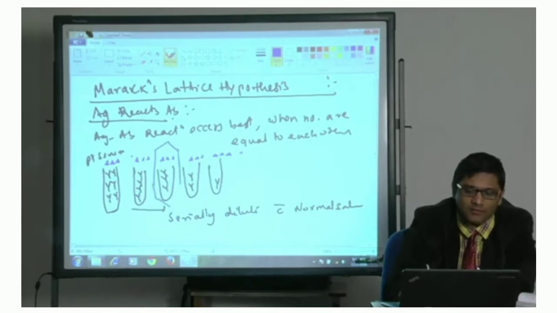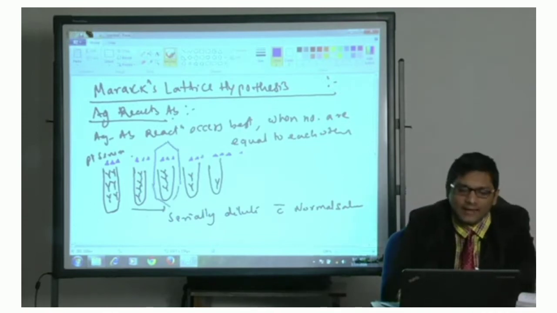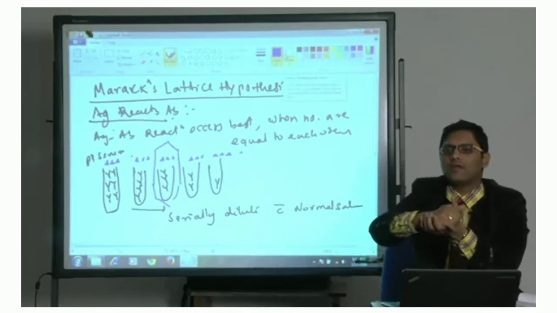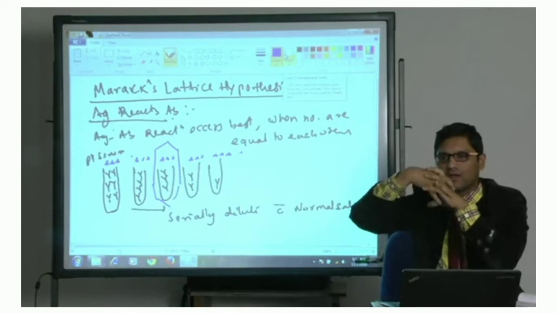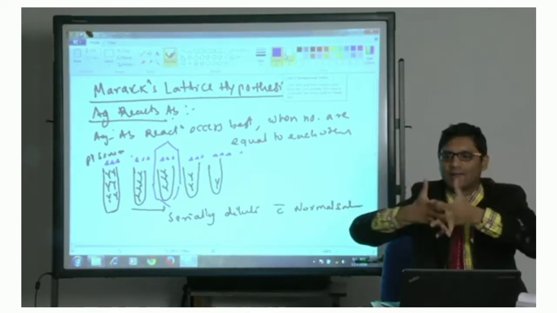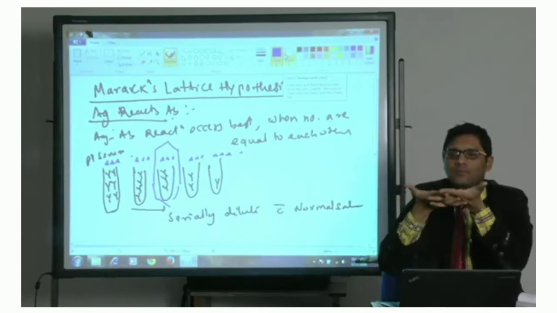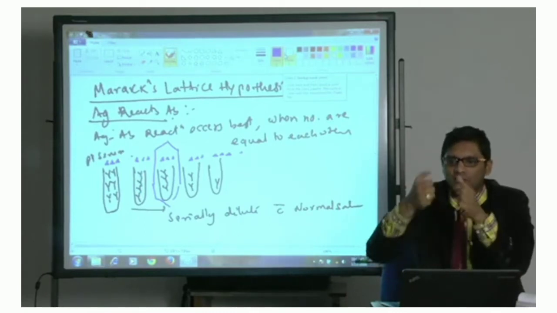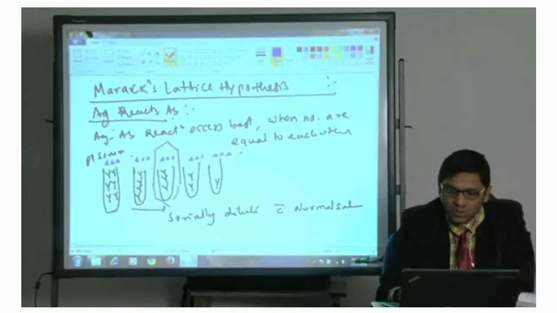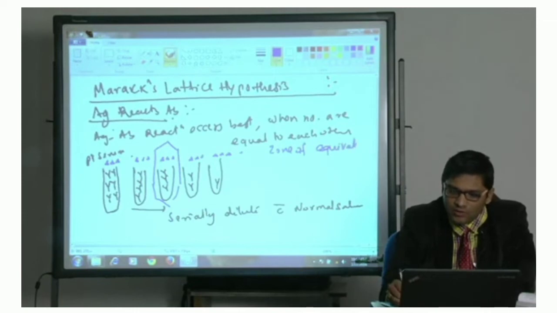In the middle tube the numbers are equal, so the antigen-antibody reaction occurs at its best. Agglutination or precipitation will occur properly. That means the lattice structure formed by the binding of antigen and antibody will be firm when the numbers are equal to each other, which is called the zone of equivalence.